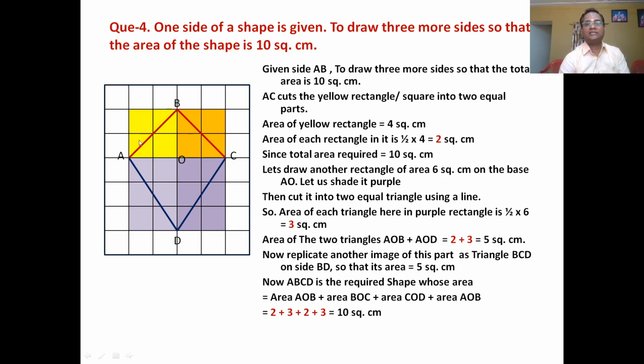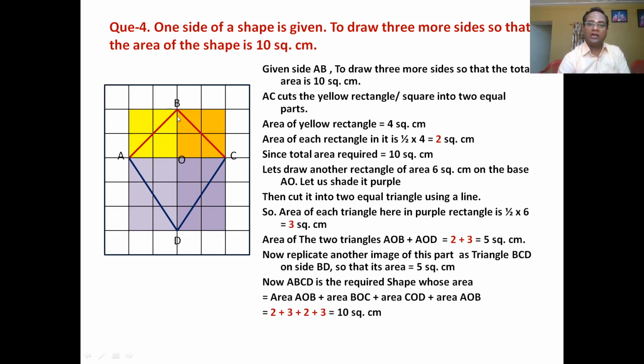So AB is given. Again I'll draw or complete a square here so that this line makes the diagonal of the square or the rectangle. You either draw a rectangle or a square so that it becomes the diagonal.